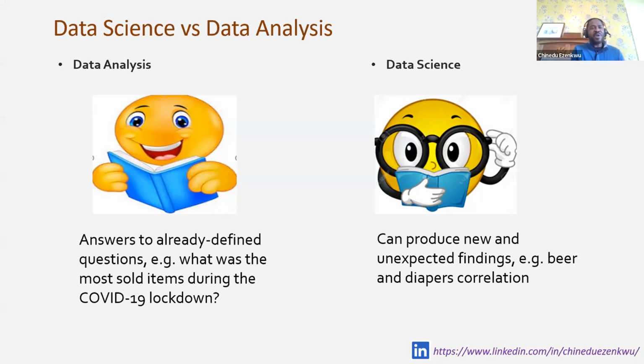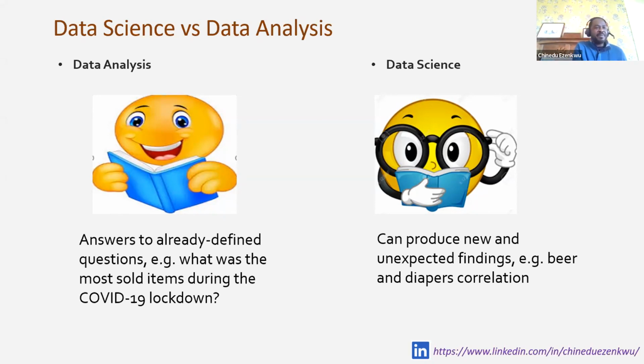When they went to the database, they discovered that this kind of basket exists mostly in the evening time. Now they went deeper to find out what really happened. Why is there this association? They found out that this kind of basket has to do with young fathers. Some of the young fathers, when they are coming back from work, their wives would call them that the baby's diaper has finished.